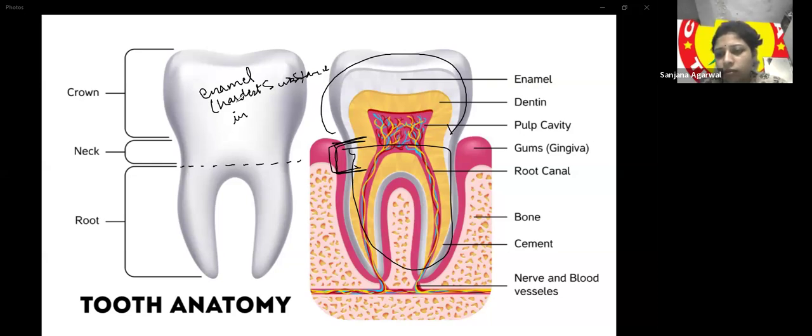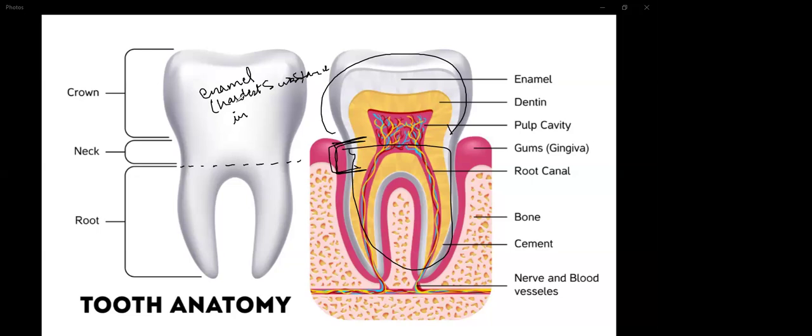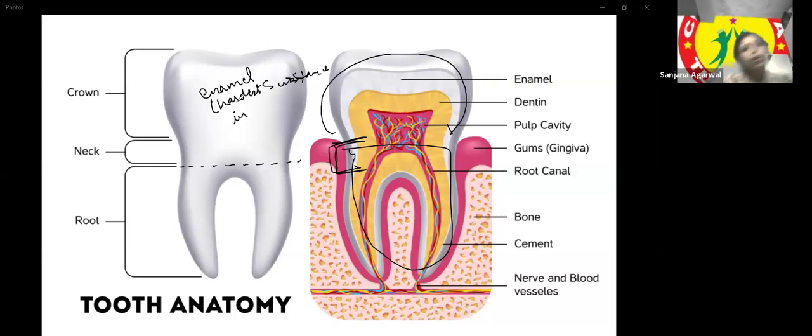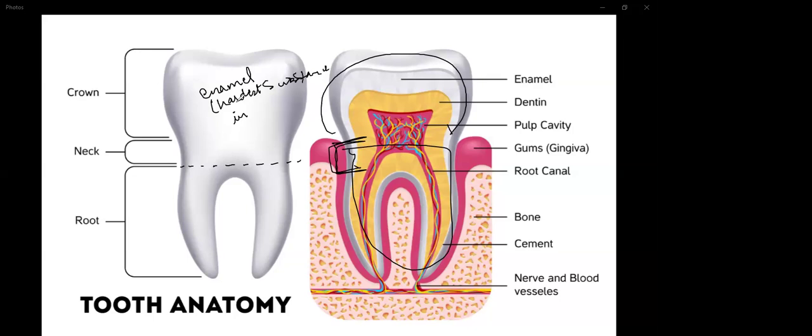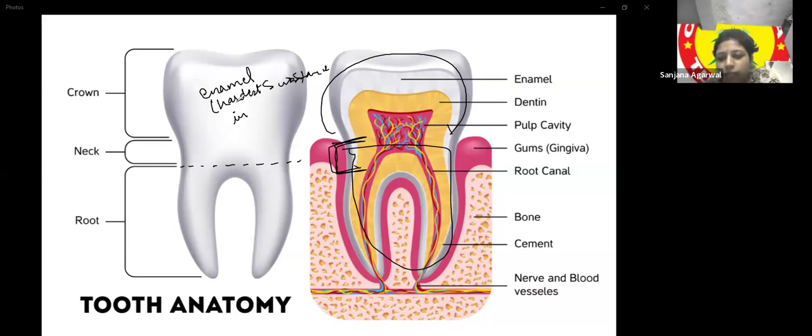It depends. Like in a normal tooth that is moving, suppose my tooth is moving, so I need to remove it. If I remove it, the whole tooth will not come up, right? No, in that case, naturally the milk teeth go away with time and then permanent teeth take their place.